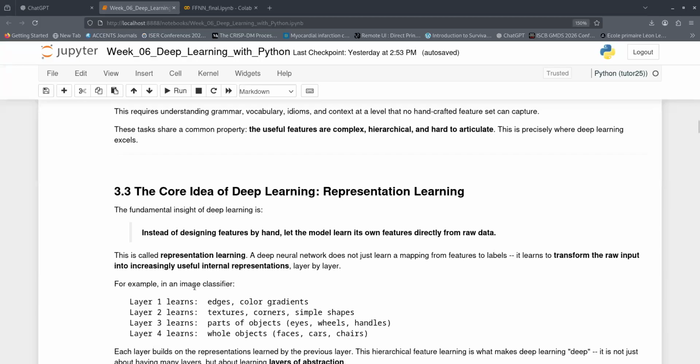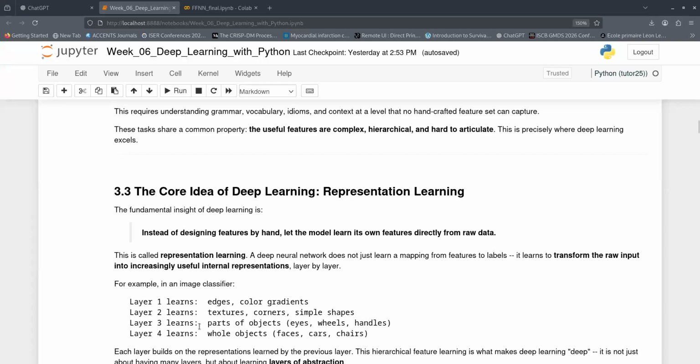So for example, in an image classifier, I want to classify an image. Layer one learns edges, colors, and gradients. Layer two learns textures, corners, and simple shapes.